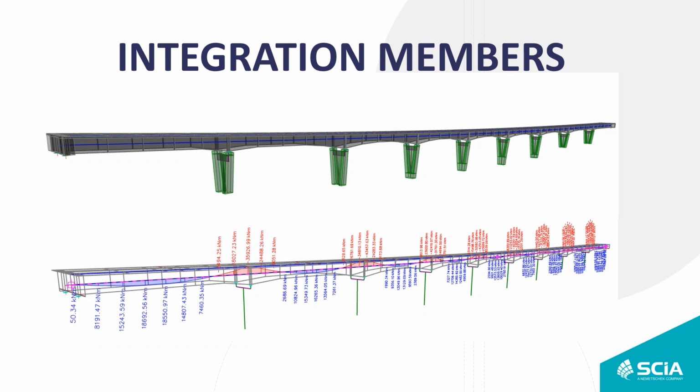And later on, you can present such integrated results in the manner of 1D members, meaning that in terms of internal forces, you will receive 7 components of internal forces, and with the deformation, you will get 6 separate components of deformation.